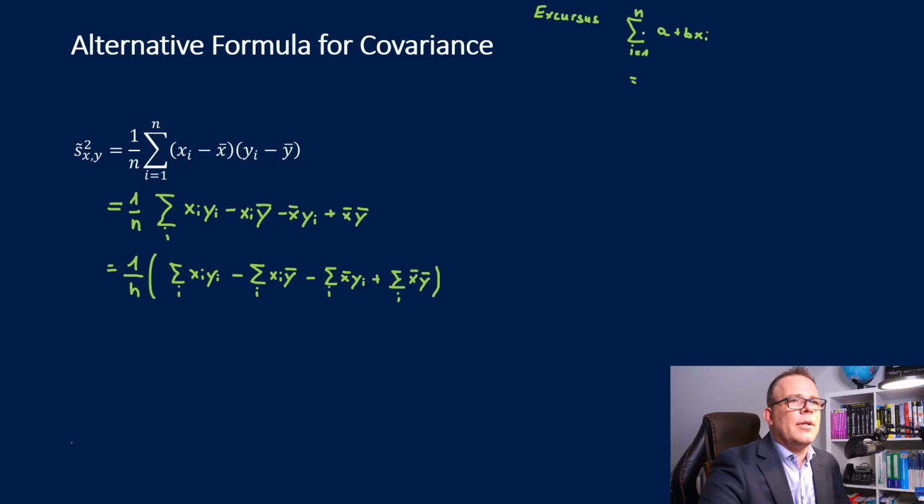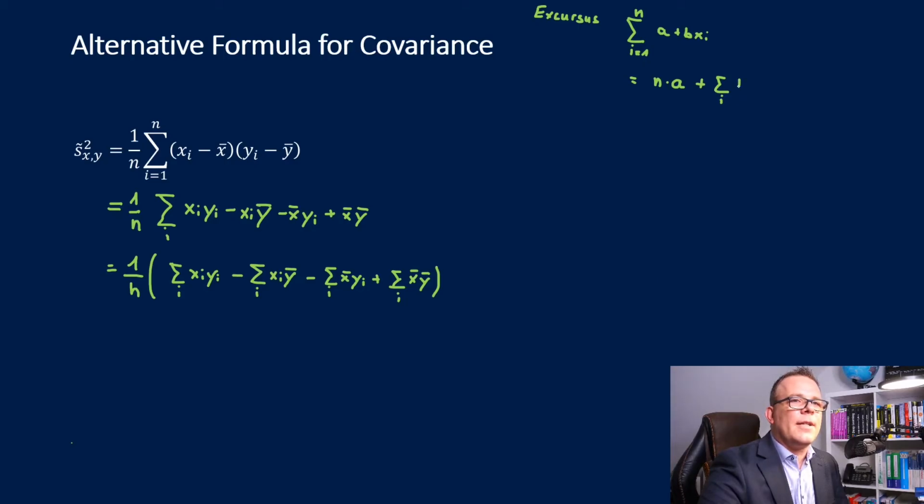The sum is only connected to xi because i counts from 1 to n. The a is just another term and the b is only a coefficient. So the a is additively connected and the b is multiplicatively connected. Since a is a term on its own and we add n times a, we can get the a out of the sum sign just like that.